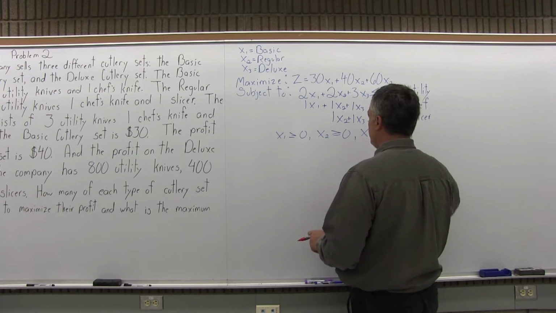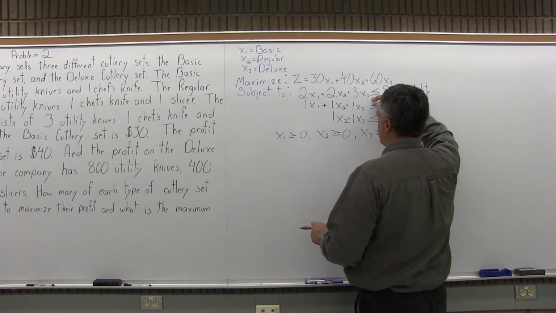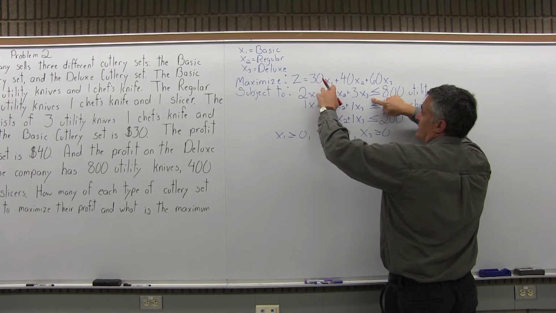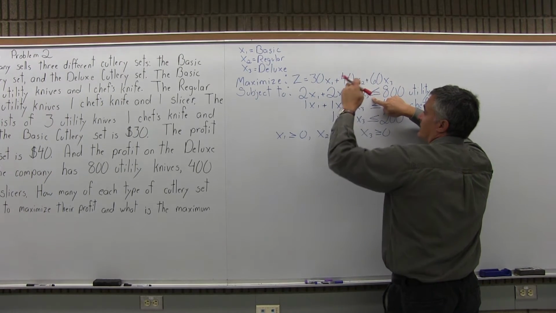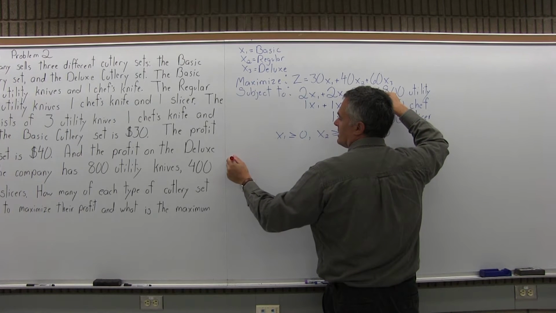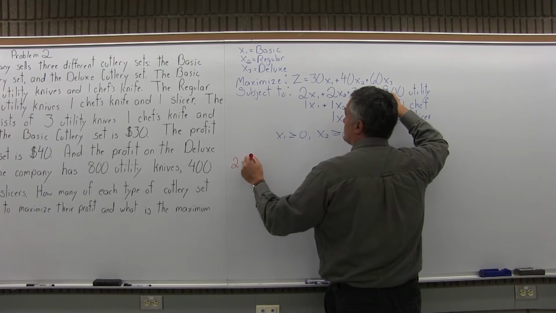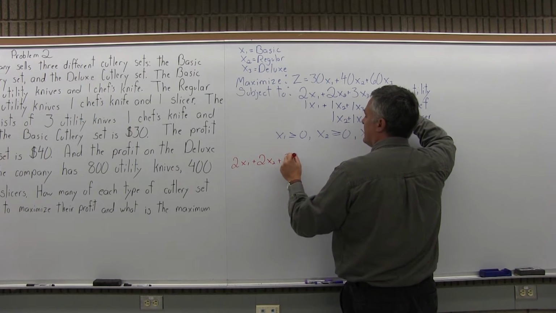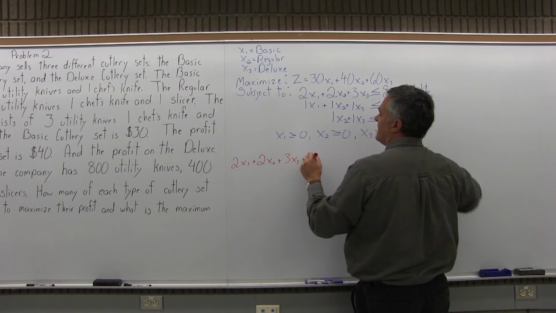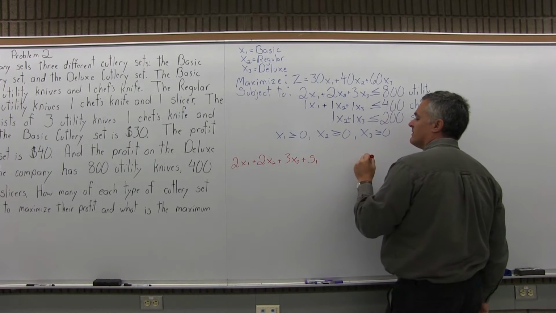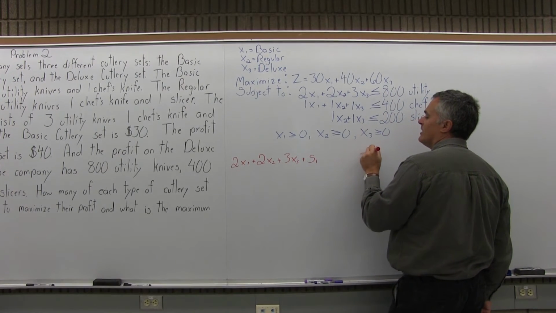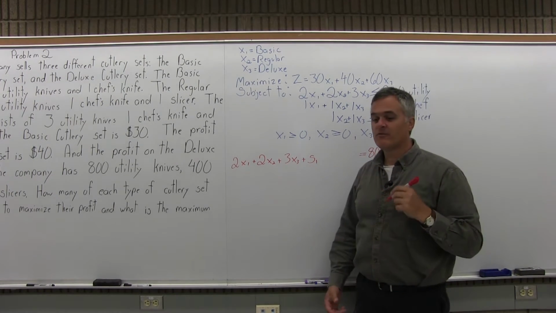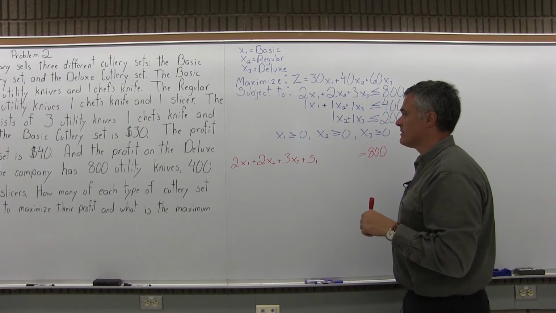So the first constraint, coming from the utility knives, 2x1 plus 2x2 plus 3x3 is less than or equal to 800, is going to become 2x1 plus 2x2 plus 3x3 plus S1, and I'm going to leave a little bit of a space, and then equals 800 instead of less than or equal to. So now I've made one of 4 equations that I'm going to make.